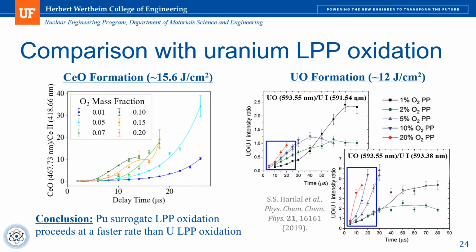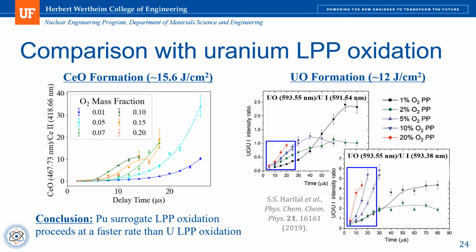What does this all mean for nuclear diagnostics? Well, what we've shown in this work is that cerium is a well-suited surrogate for plutonium based on its extensive use for a number of physical and chemical properties.